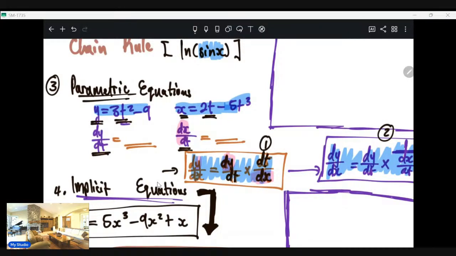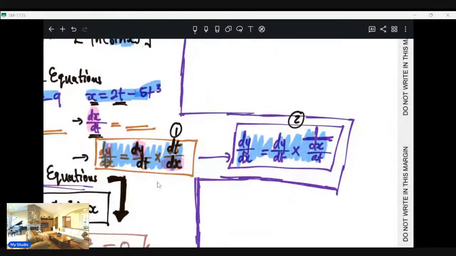But you don't have dt dx, you have dx dt. So you will show that dt dx is 1 over dx dt. Then you can find your dy dx still.